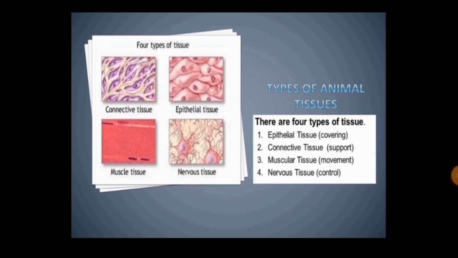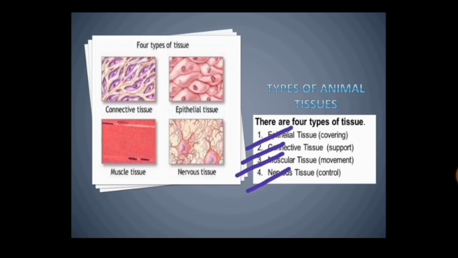So let us see what are the types of animal tissue. So children, broadly there are 4 types of animal tissue: epithelial tissue, connective tissue, nervous tissue, and muscular tissue. So these are the 4 broad categories of animal tissue, right? That is epithelial, connective, muscular, and nervous.